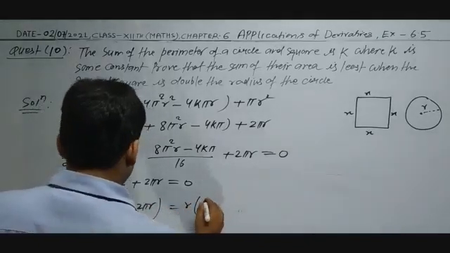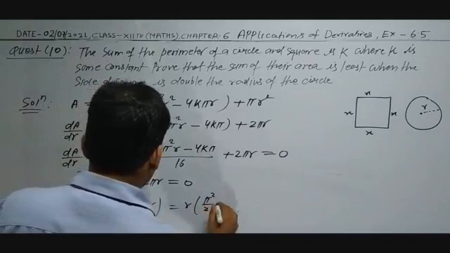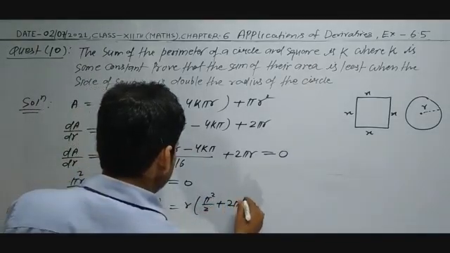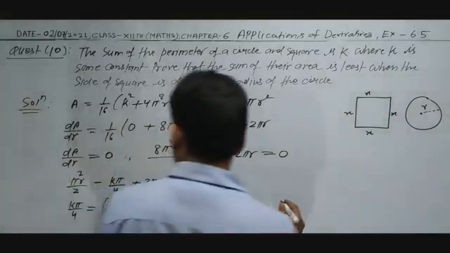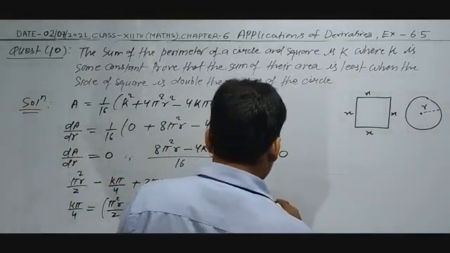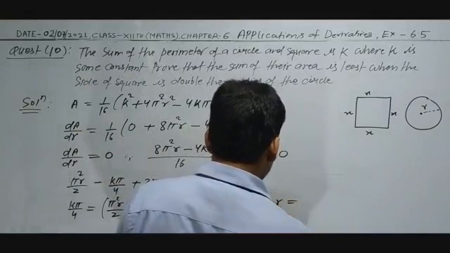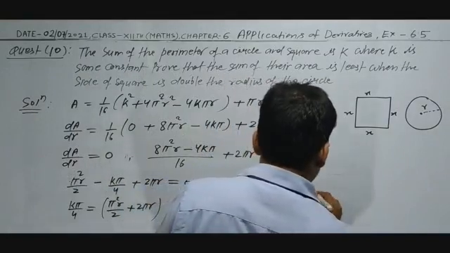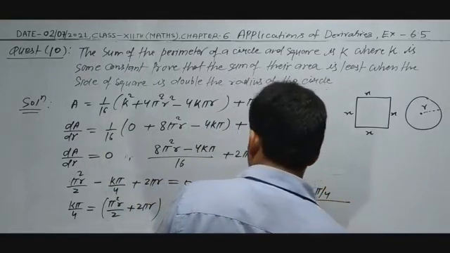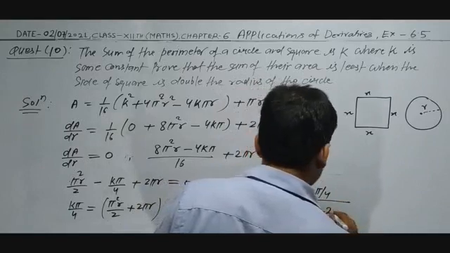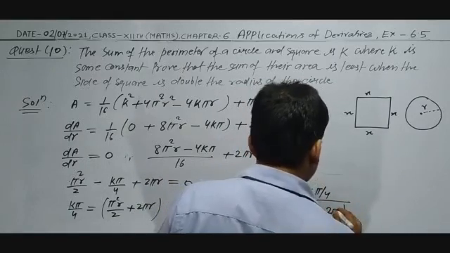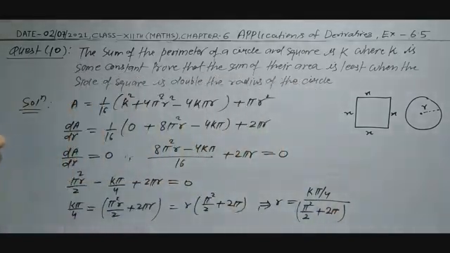So r in bracket pi square by 2 plus 2 pi. So r value you can get, r is equal to k pi by 4 whole upon pi square by 2 plus 2 pi. And now you can simplify.